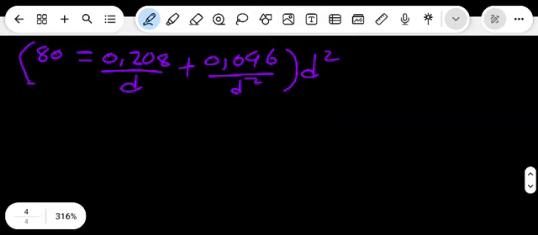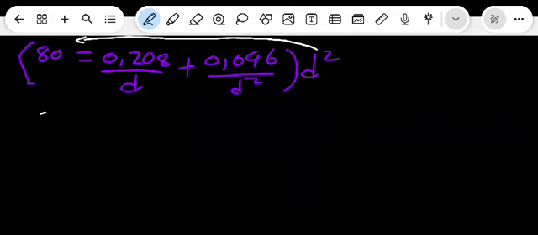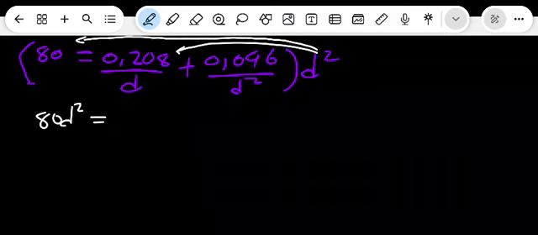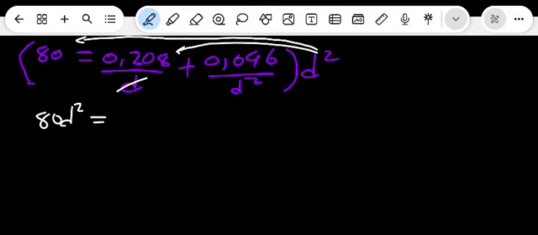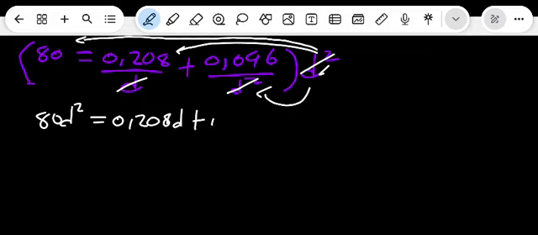80 multiplied by D squared will be 80D squared. The D cancels with one of the D's here, so I'm left with 0.208D, plus, when I multiply this, D and D cancel, leaving 0.096.